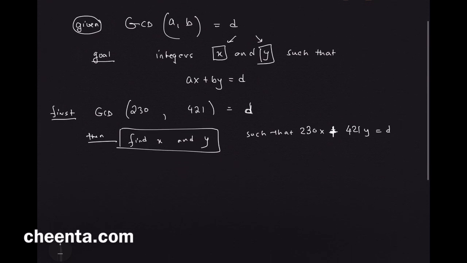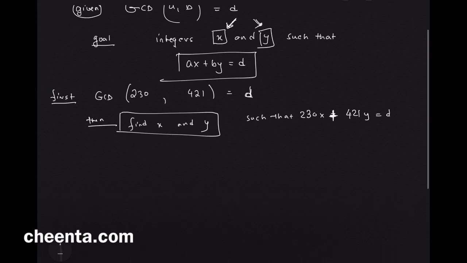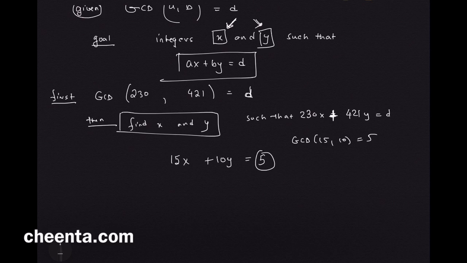Now, this is the main theorem, that there will always be such x and y such that ax plus by is equal to d. A sample example, which we talked about in the last class, is 15x plus 10y is equal to 5. The GCD of 15 and 10 is 5, so we are using 5 here. And there are x and y which work.